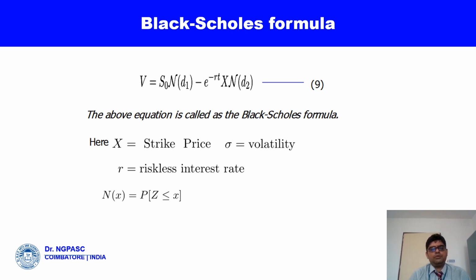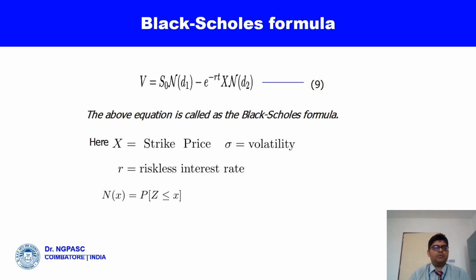This can be used for pricing the future values of any option. X is the strike price, sigma is the volatility, and r is the risk-free interest rate. Here, the parameters should be treated as constants, as I already told you. Since you are considering the Brownian variable as a normal random variable and using constant parameters, it is possible to find the deterministic solution.